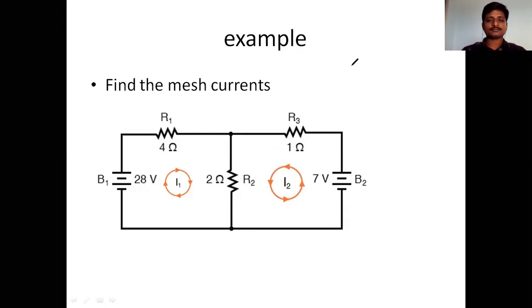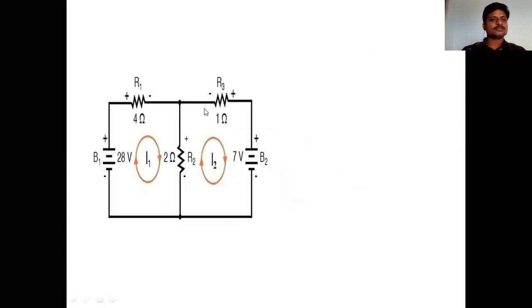After that, what you have to do is apply KVL in each mesh. So let us apply KVL in mesh 1. This is mesh 1. You have already assigned mesh current I1 for loop 1.